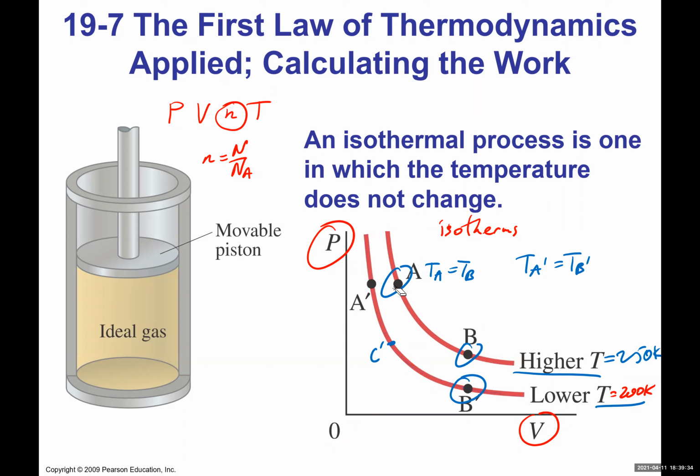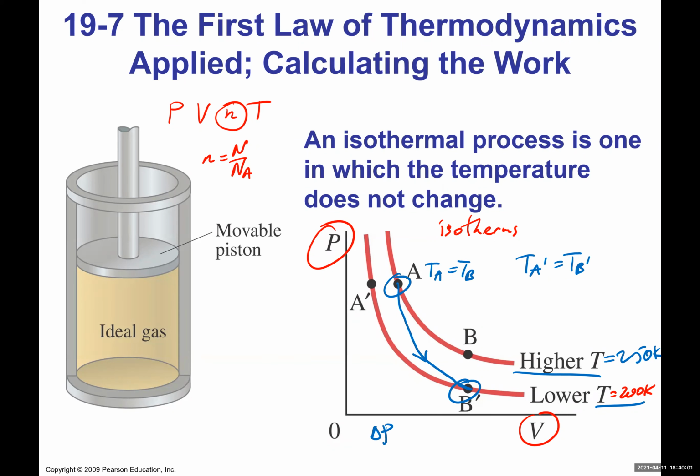So I can always assume that my PV diagram can give me three different pieces of information: the change in pressure, the change in volume, and the change in temperature as well. For example, if I go from A to B prime rather than B, here's another process like this.